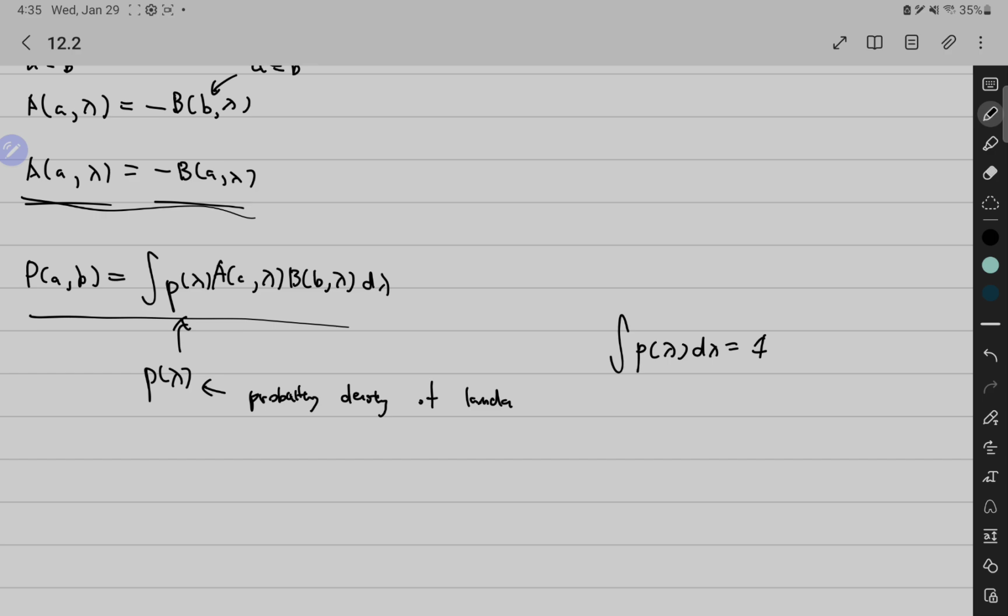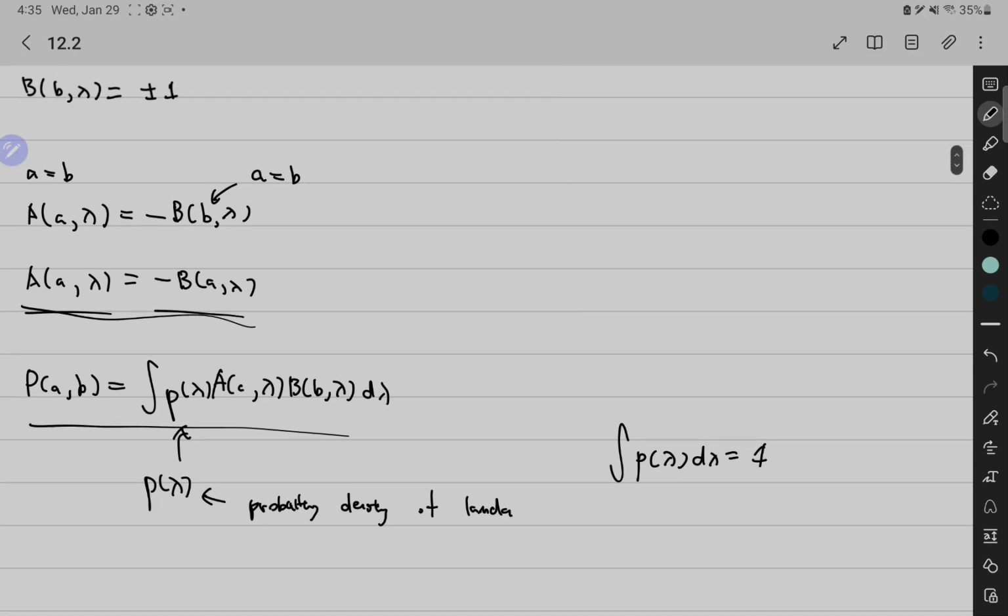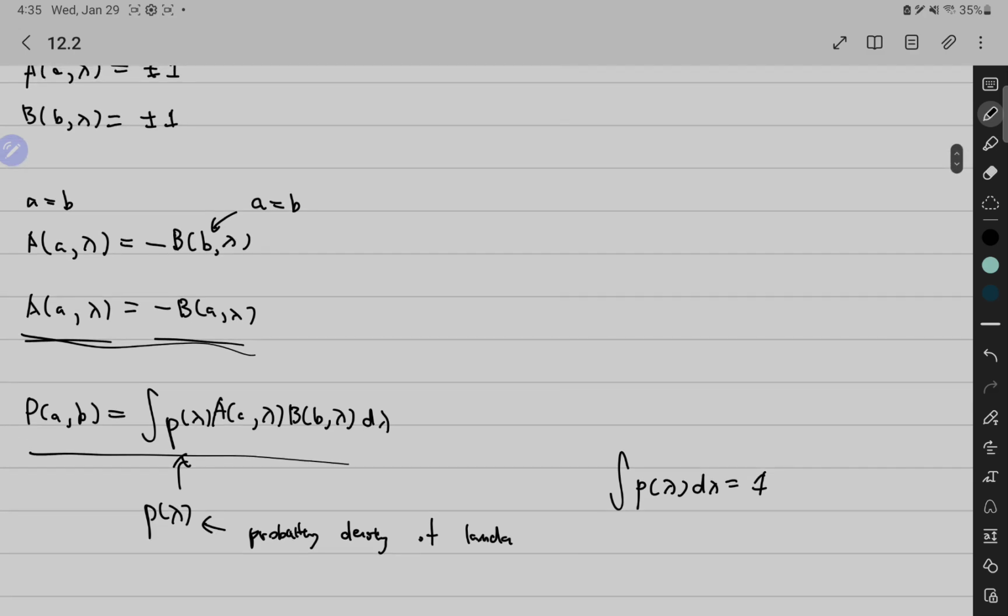So let's dive deeper into it. If we go back a little bit from this formula, if we follow the same logic of how we got this formula right here, then we can say the same about B. So B lambda is going to be equal to -A B lambda.